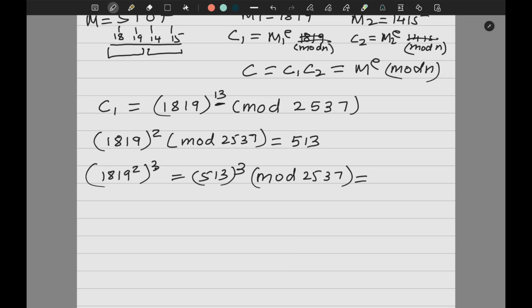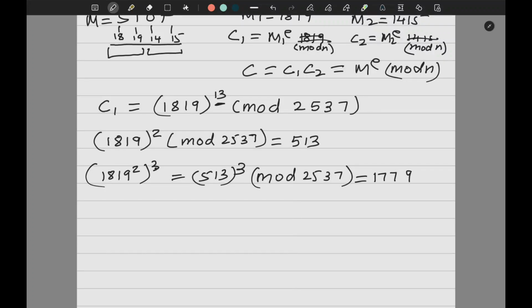To extract only the decimal part, do minus 53214. So I get 0.701 something. Multiply it by 2537. Okay, so I got 1779. So 1779 I got. Right.